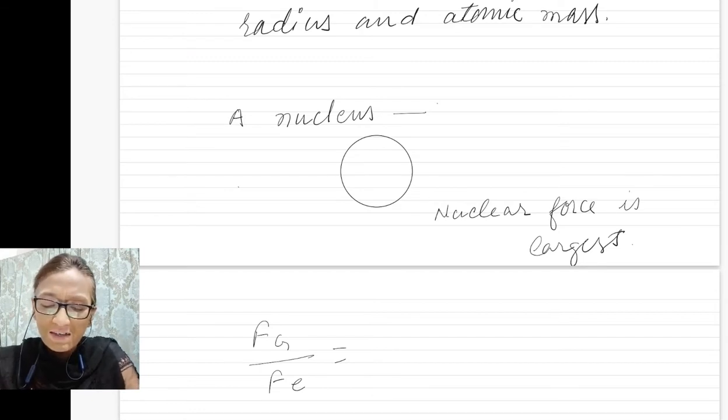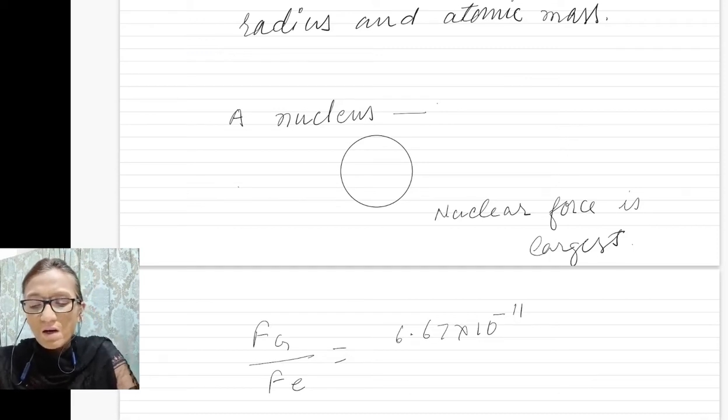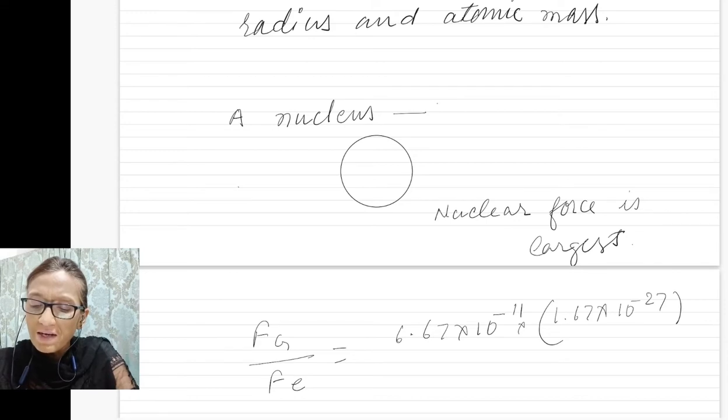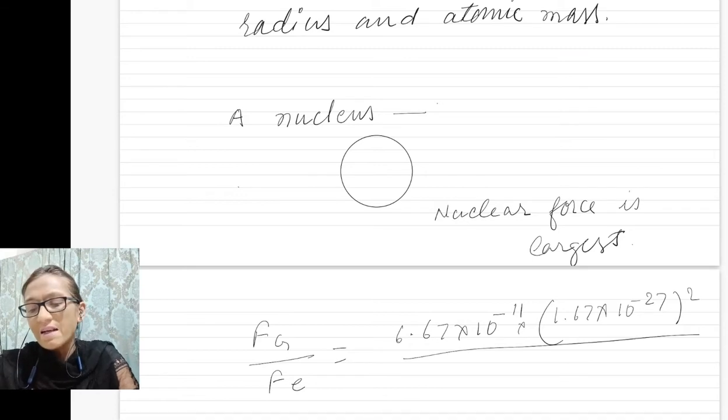You will find the gravitational constant 6.67 into 10 to the power minus 11, into the masses of protons. The mass of a proton is 1.67 into 10 to the power minus 27, and whole square, because gravitational force is equal to G m1 m2 divided by r square.